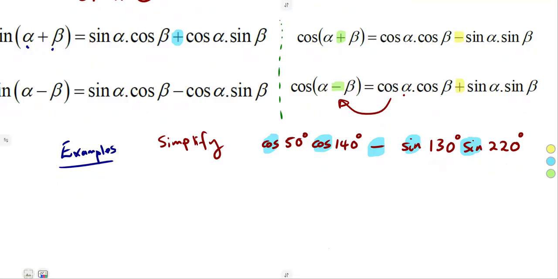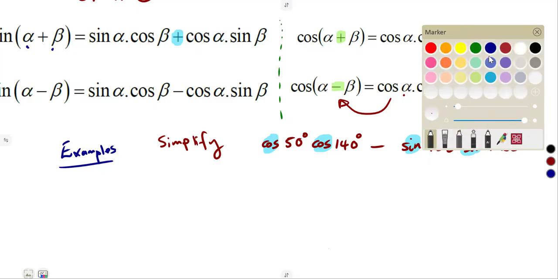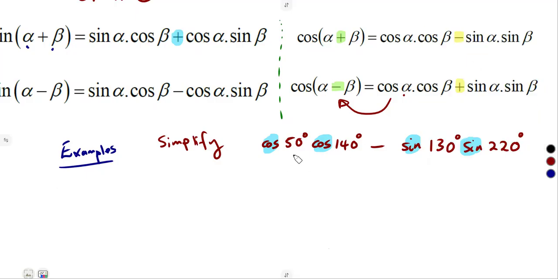We do not know what's going to happen as we simplify these to make sure that they are the same. So as we saw that it is under a compound angle identity, either cos alpha plus beta or cos alpha minus beta, what we are going to do now is to make sure that these angles correspond.